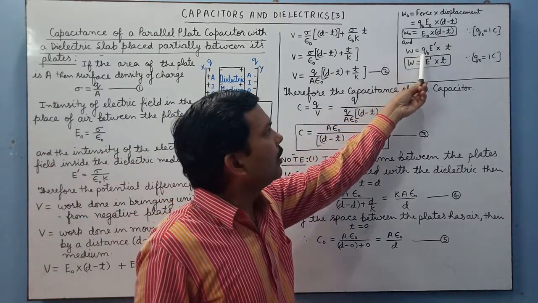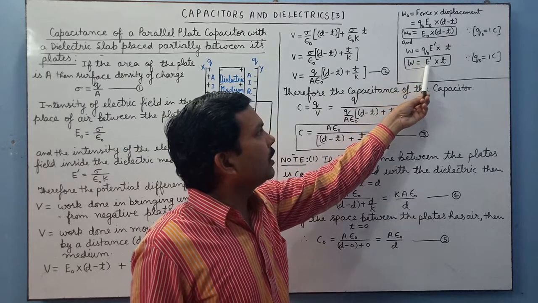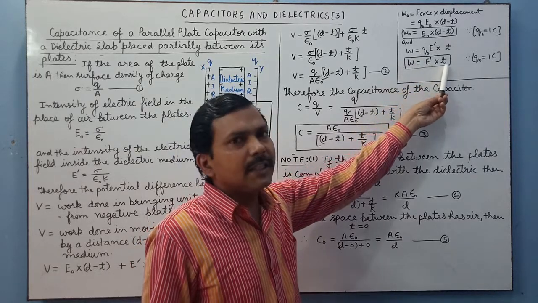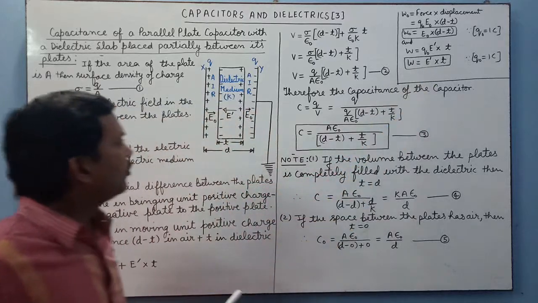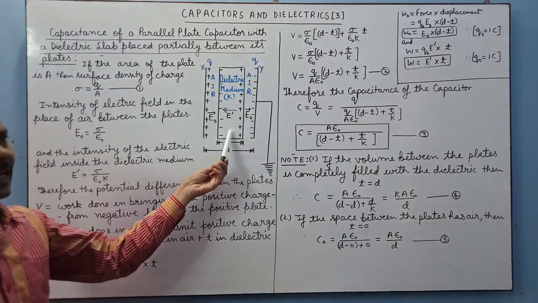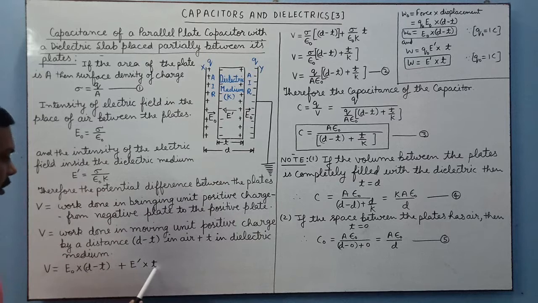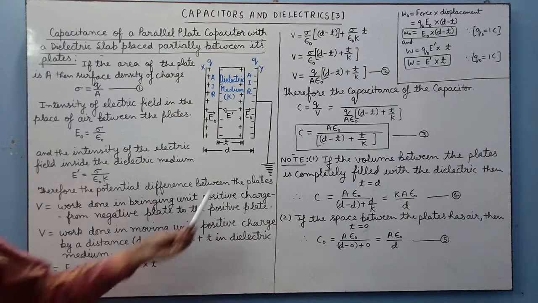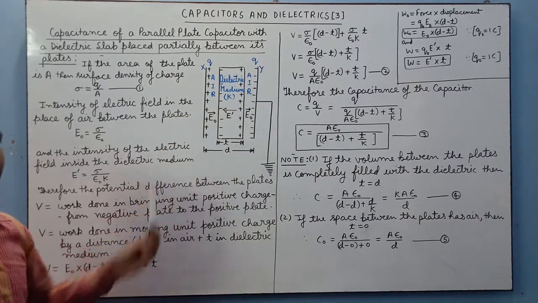Q0 is 1, so the work done is equal to E dash into t. This is the work done in moving the charge inside the dielectric medium. Now if we add both these works, it will be equal to the potential difference between the plates.